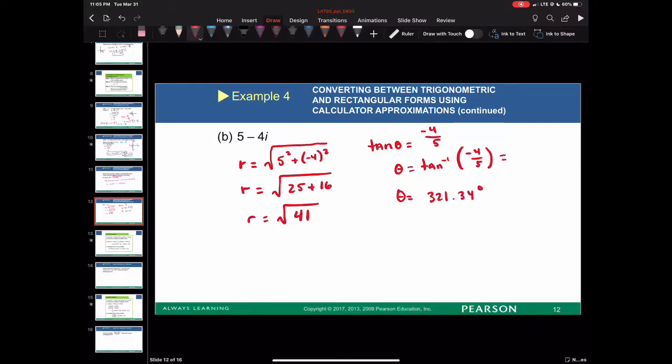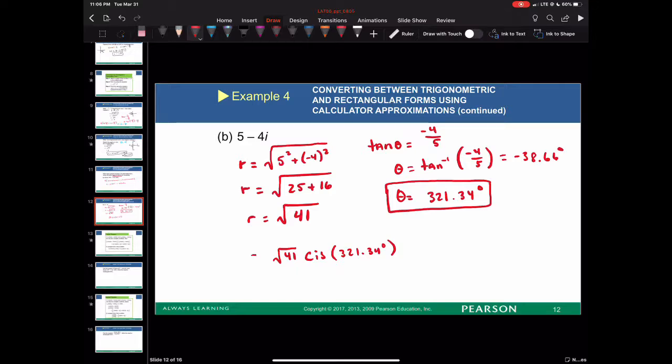Because when you put it up here, you get negative 38.66 degrees. But we want the positive theta. So we get this one, which is in the fourth quadrant. So when we write it, we have r, so we have the square root of 41 times cis theta, which is, in parentheses, 321.34 degrees.